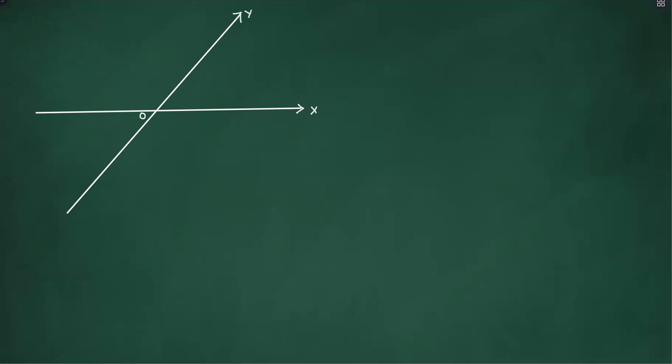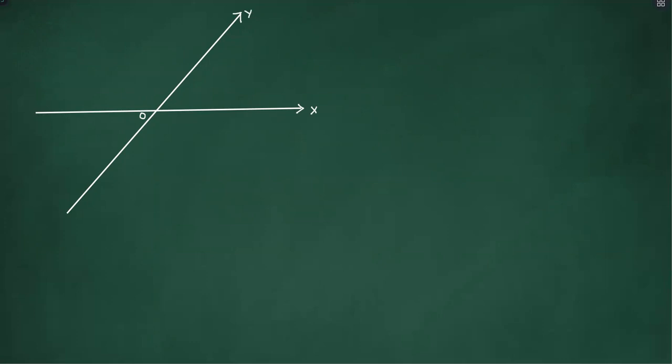First of all, I'm going to consider an x-axis like this. Another line I will consider something like this, and this is going to be your y-axis. The point of intersection of these two lines, let's call it O. This side is going to be x, this side is going to be y, and they are at an angle.